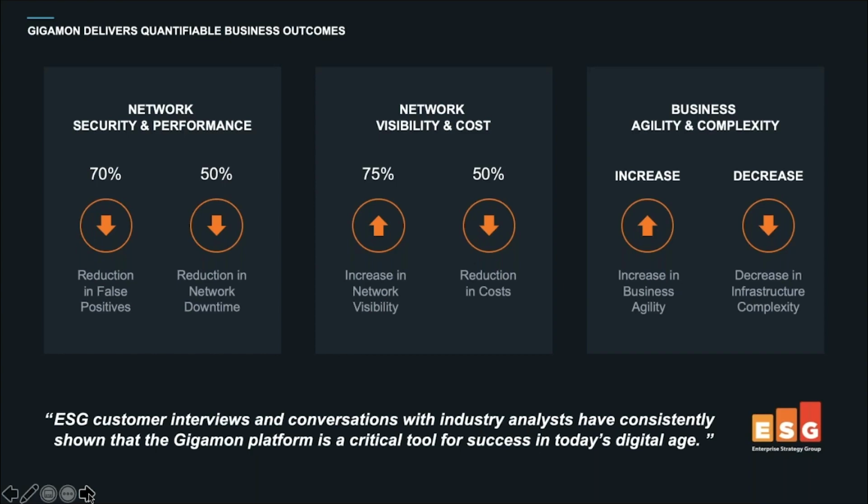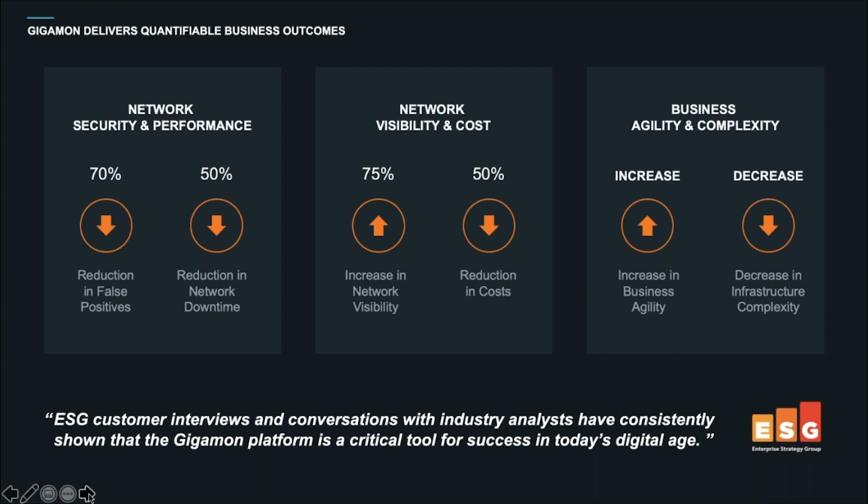And then finally, in terms of agility and complexity, we all know our IT networks are going to get more complex. There's no way around it. With the move to the cloud, with the fact that very few organizations are going to be truly 100% cloud-based, hybrid networks, multi-cloud networks, and networks that accommodate IoT and operational technologies are only going to get more complex.